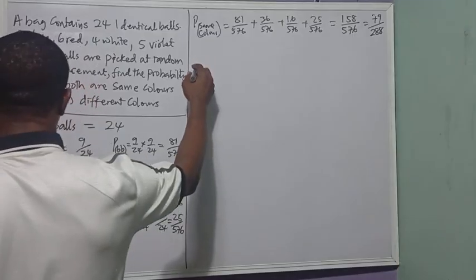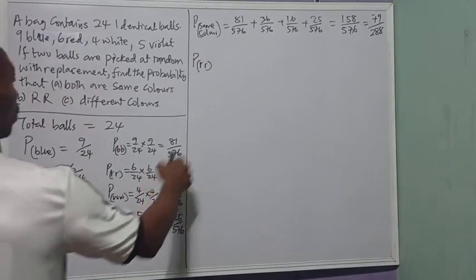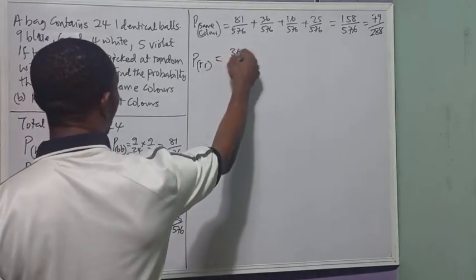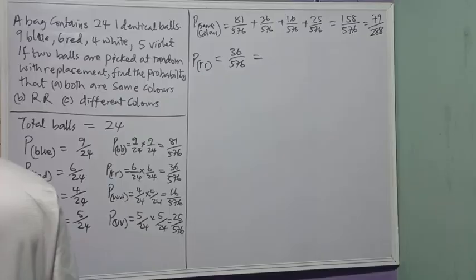Okay, now next we look at probability of red. Probability of red, which we found to be what? 36/576. Now let's break it down to its lowest term.